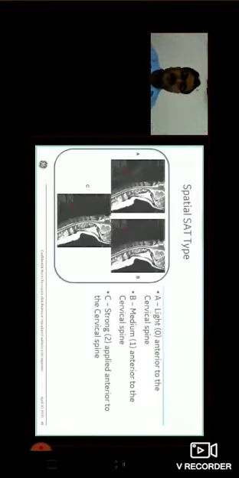In the first image, you can see the tissue is suppressed with the light option. The second image is medium suppression, then the third image is strong suppression. If you want more suppression, you make the number 1 or 2.